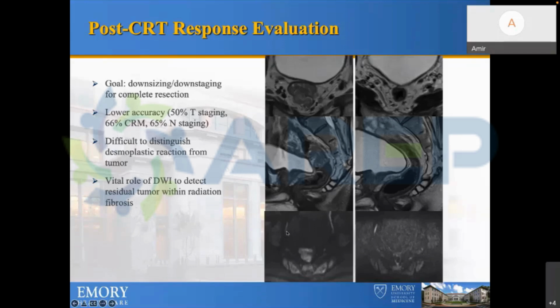This tumor is as bright as lymph nodes, so it's showing diffusion restriction. But after the treatment, the structures that are usually bright on diffusion weighted imaging, like lymph nodes, are still bright. This lymph node is not necessarily abnormal, but it's bright, and this tumor is essentially gone, and you can't see it at the same level.